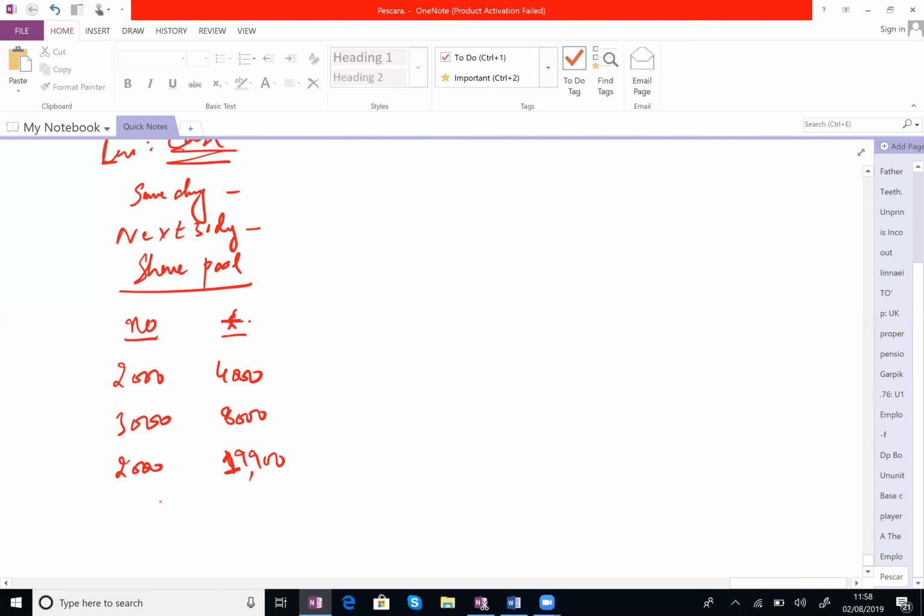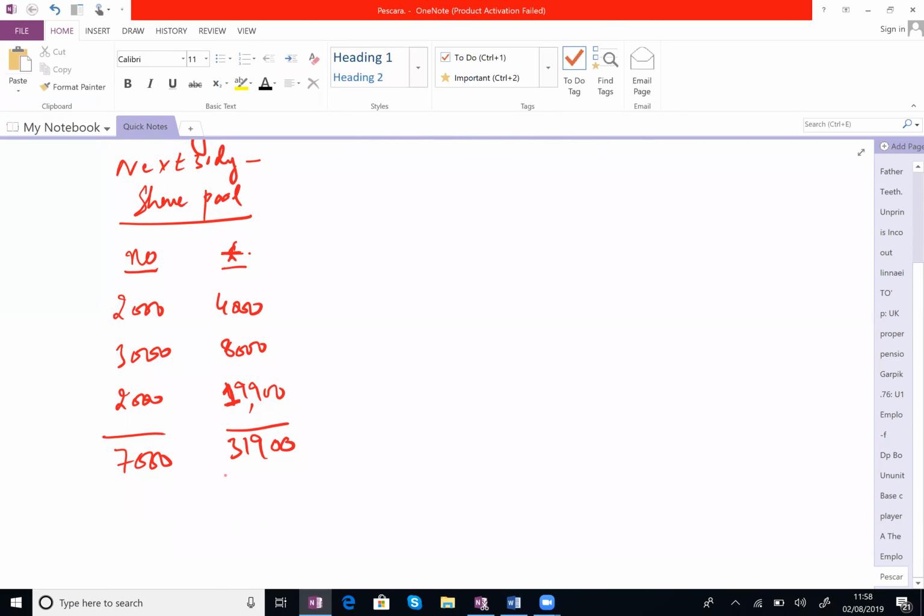Make the total of the two columns: 7,000 shares at a cost of £31,900.